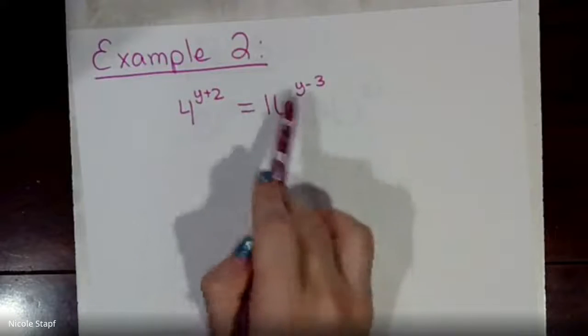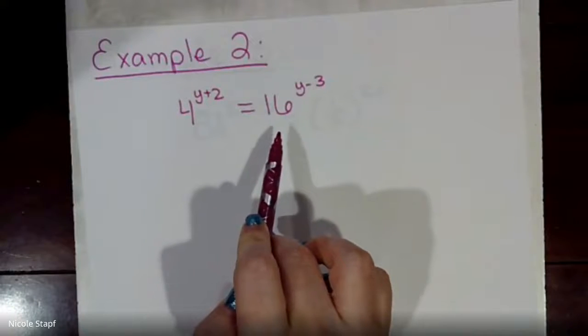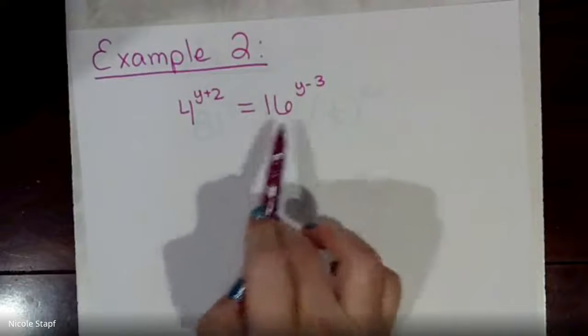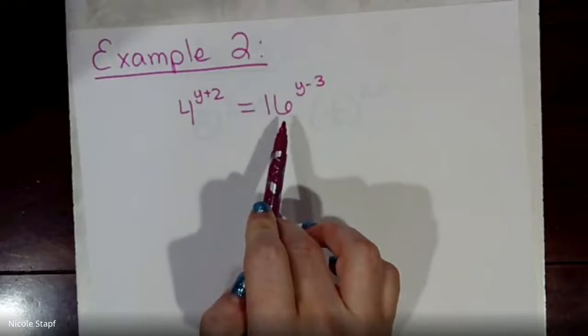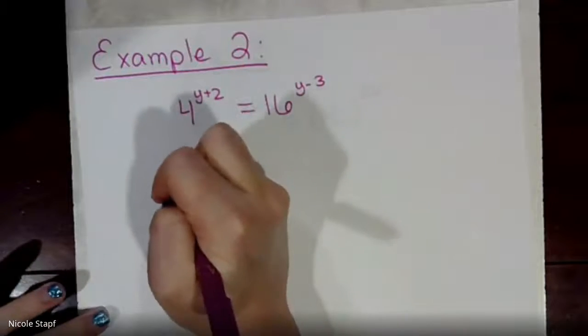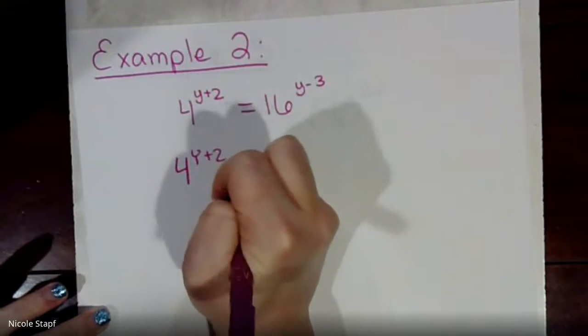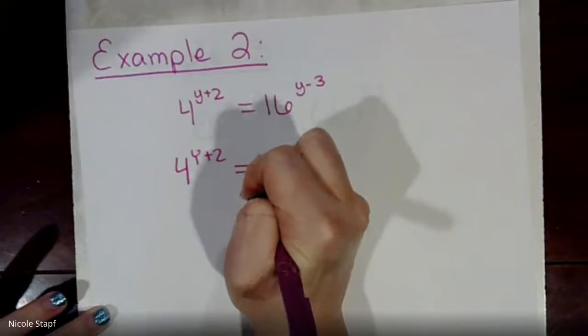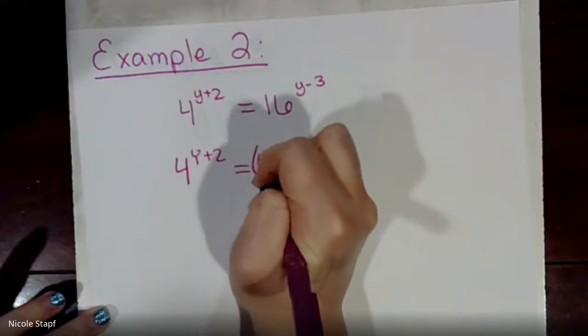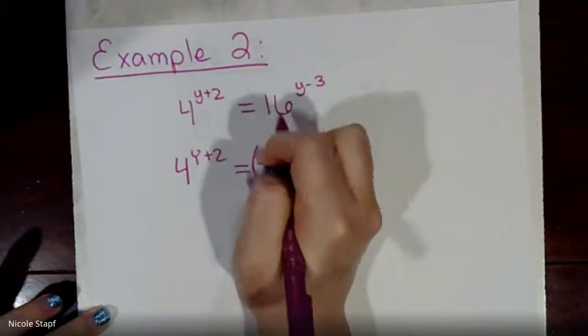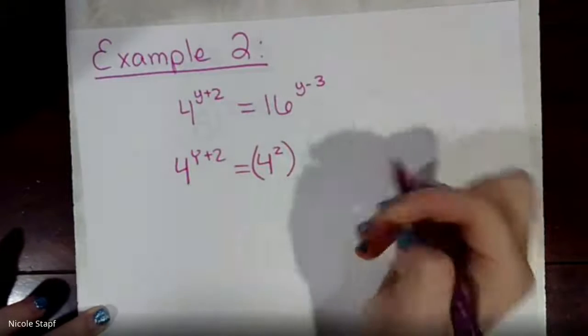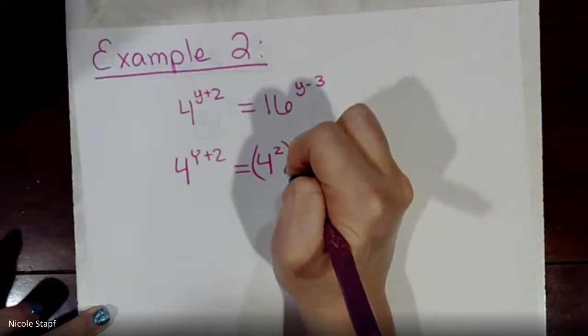Now, 16 is the bigger number, so I'm going to see if I can rewrite this in some way to match it to 4. Well, I can rewrite this as 4 to the y plus 2 equals 4 to the second power, because 4 squared is 16, to the y minus 3. I'm just rewriting it. I haven't changed anything.